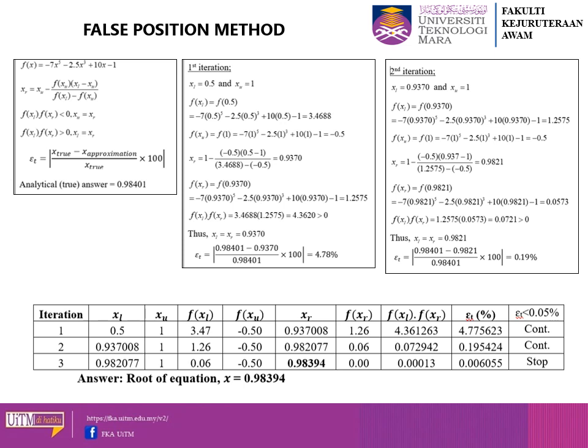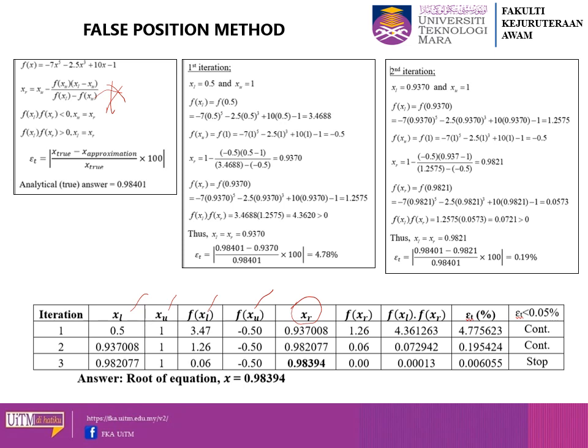For the false position method, the formula of XR has the elements of function FXU, FXL, XL, and also XU. Once we have those 4 elements, we can calculate the XR.